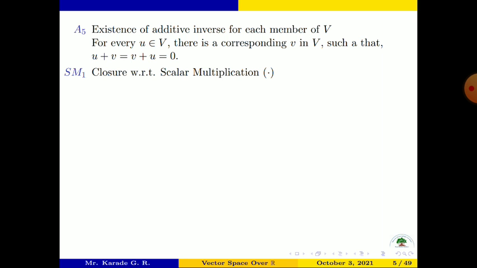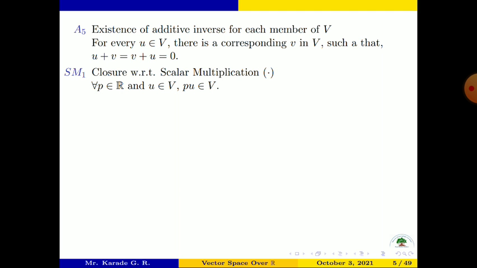This property says that for all p belongs to R, where R is the set of real numbers, and for all u belongs to V, the product p times u must belong to V.